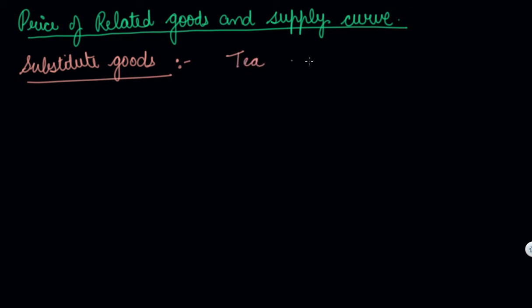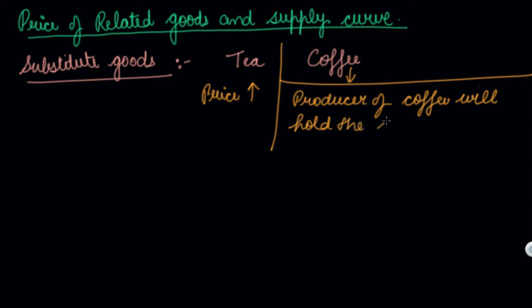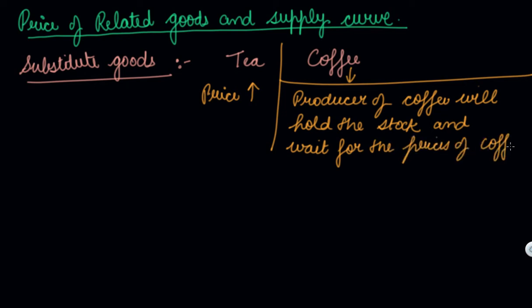Let's take the example of tea and coffee. Again, if tea, for example, becomes expensive, see, the price of tea goes up, what will the producer of coffee do? The producer of coffee will hold the stock and wait for the prices of coffee to rise, right?